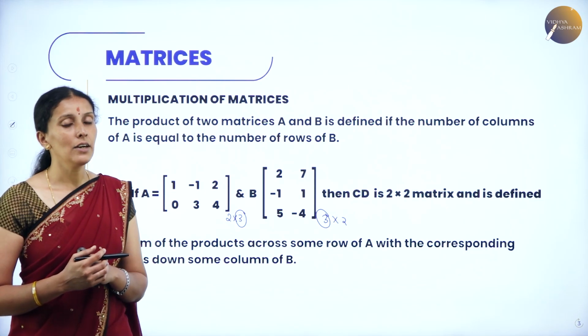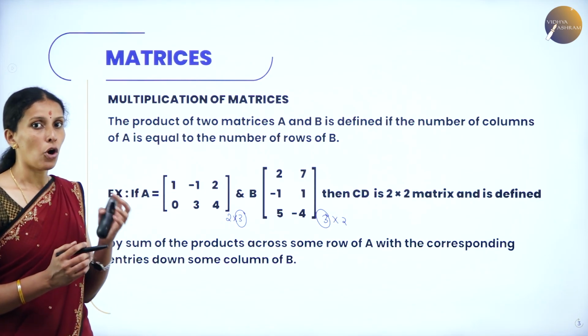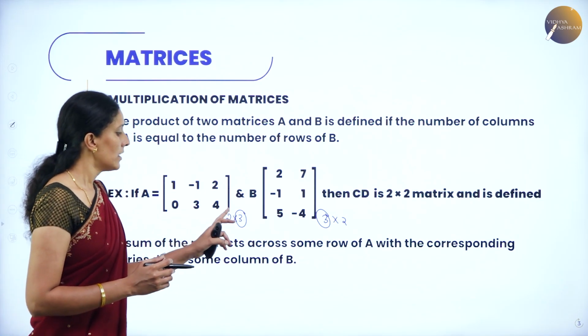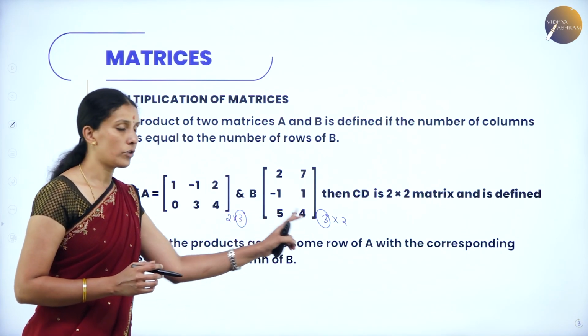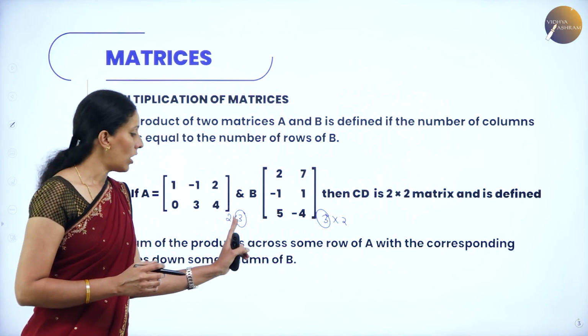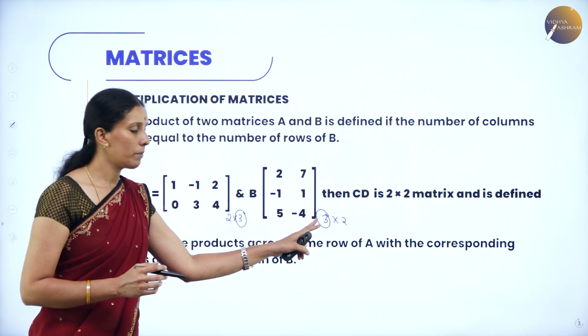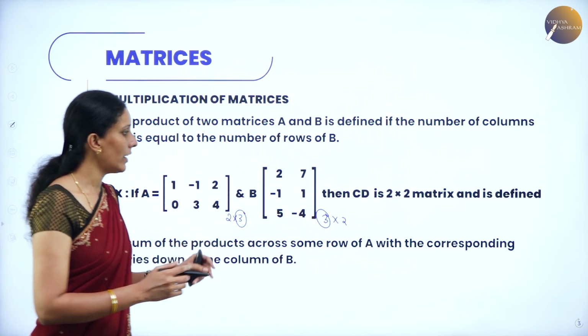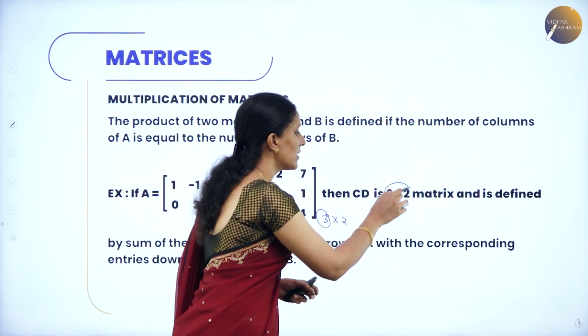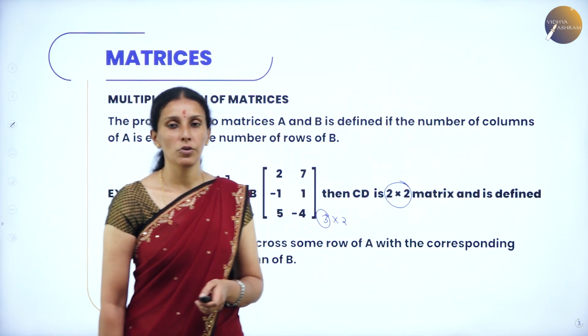Then what will be the order of the new matrix? So whatever you have as the column, just remove it. Remove the column number from the first matrix and the row number from the second matrix. Then the order of this matrix will be equal to 2 cross 2.